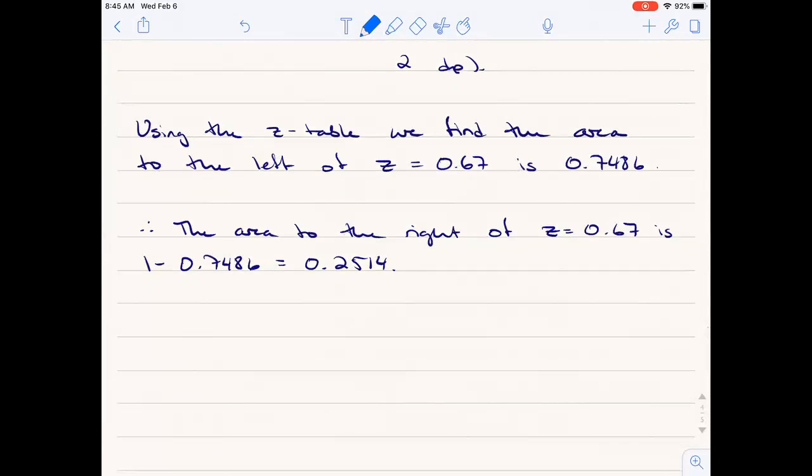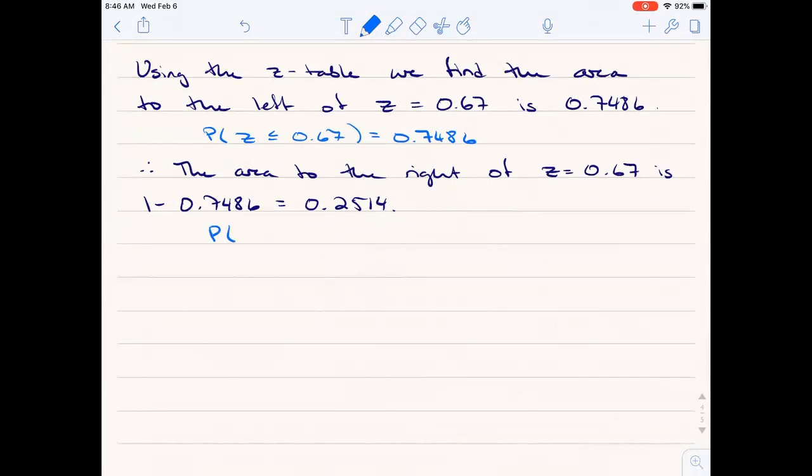Instead of writing this out, you could have said the probability that Z is less than or equal to 0.67 is 0.7486. So that's an alternative way that you could write out that sentence.